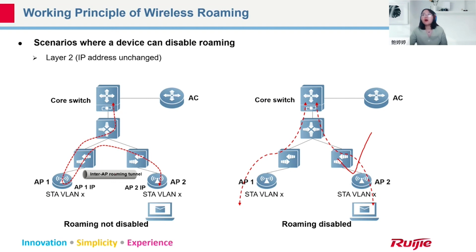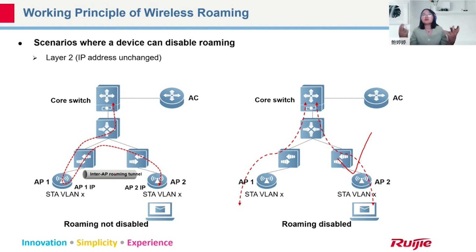So in this scenario, for example in your school or some other places, the place is very big and we need several APs to cover the signal. All the AP configuration is the same, so you can think of it as one big AP.